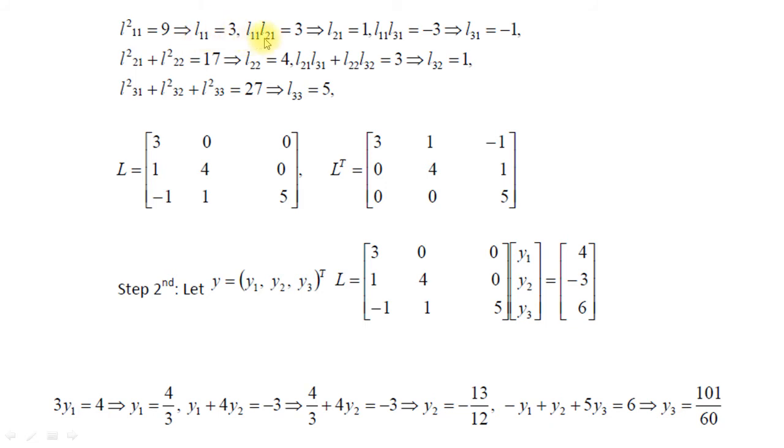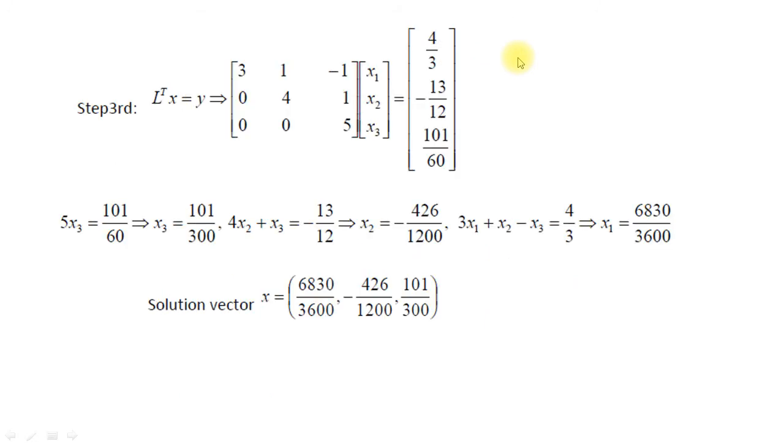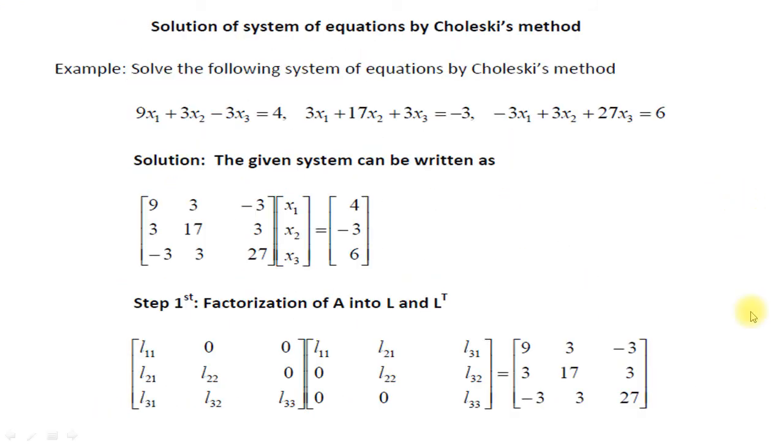Similarly L11 L21 is equal to 3, and the L11 value is 3, so L21 is equal to 1, and L11 L31 is equal to minus 3. Putting the value of L11, which is 3, and dividing, we obtain L31 is equal to minus 1. So dear students, actually you see over here, this is the solution of the previous example.